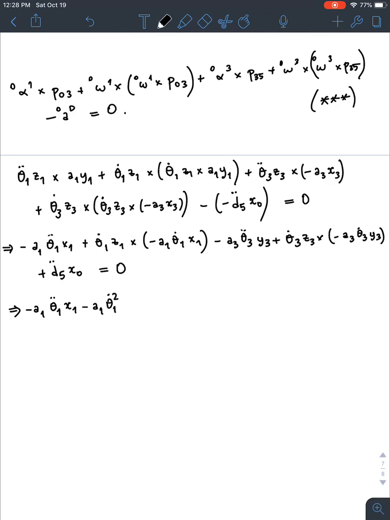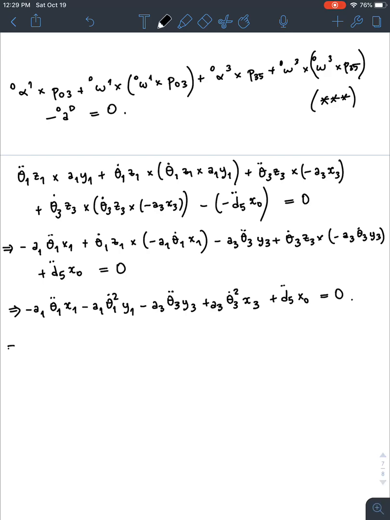Now I need a z1 cross x1 term, which is y1, minus a3 theta 3 double dot y3, and another minus a3 theta 3 dot squared x3, but z1 cross y3 is negative x3, so I need negative and negative makes a positive right there. Okay, and then plus d5 double dot in the x0 direction equals 0.